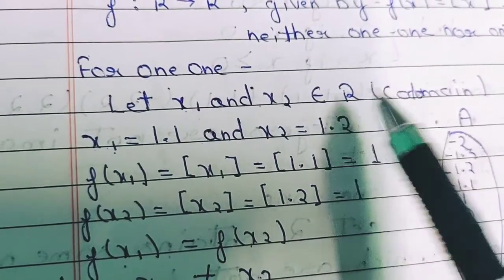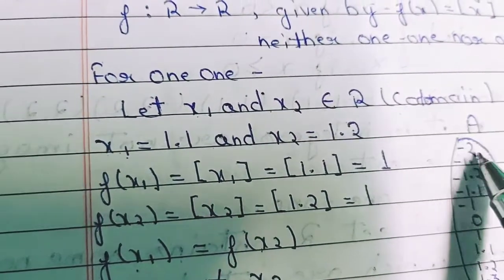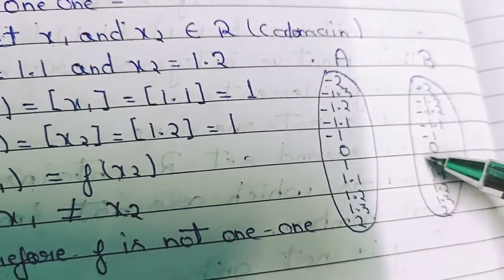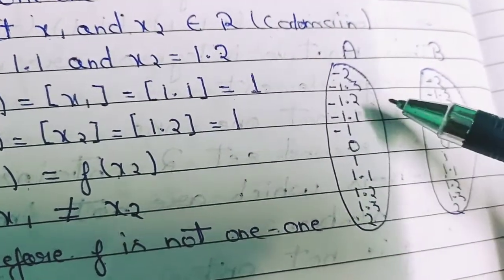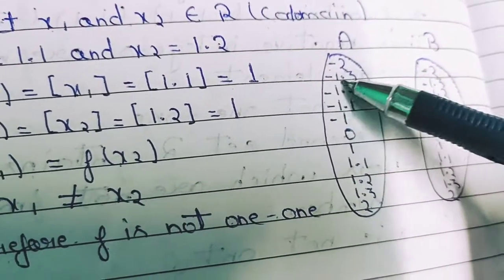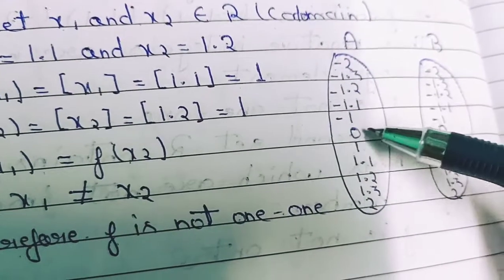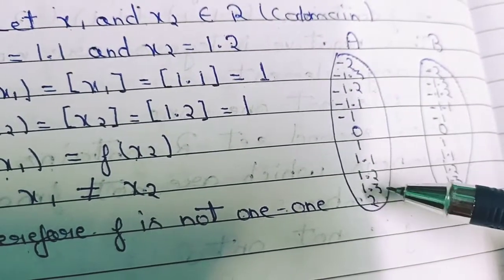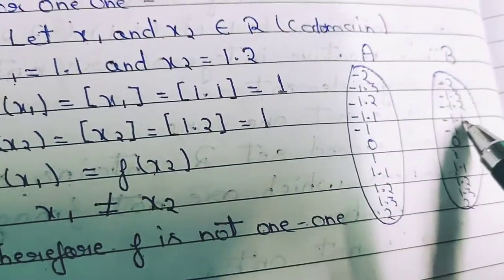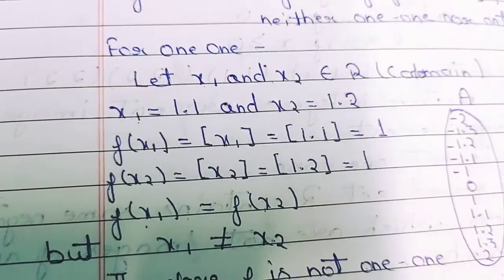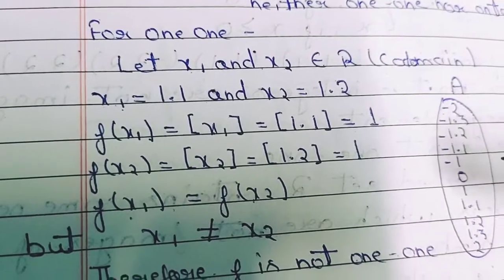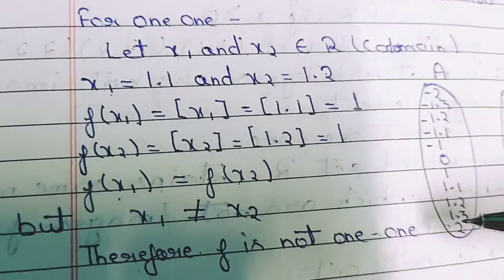For clarification, I will make two sets over here which contain the set of real numbers: 0, -1, -1.1, -1.2, -1.3 and -2, and here 1, 1.1, 1.2, 1.3 and 2, and the same elements in set B. So the real numbers contain negative integers, negative decimals, 0, positive integers and positive decimals.